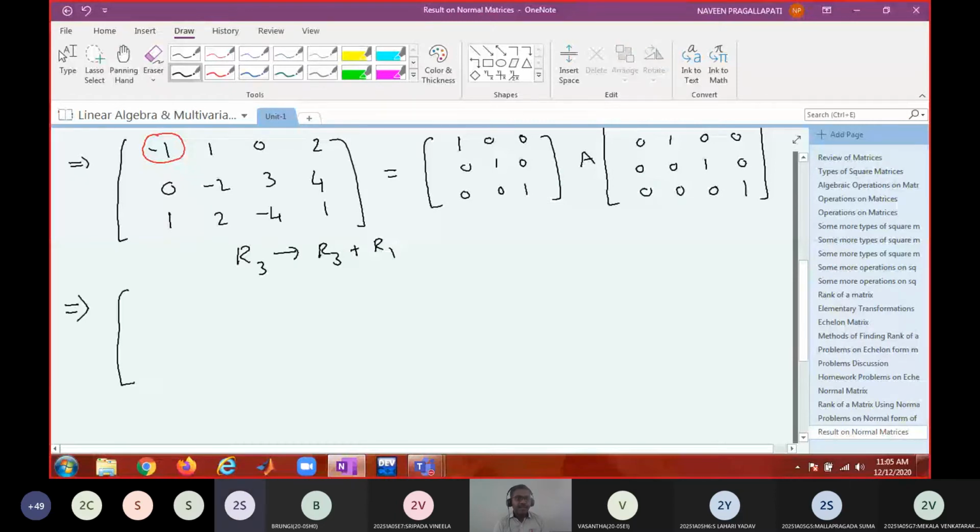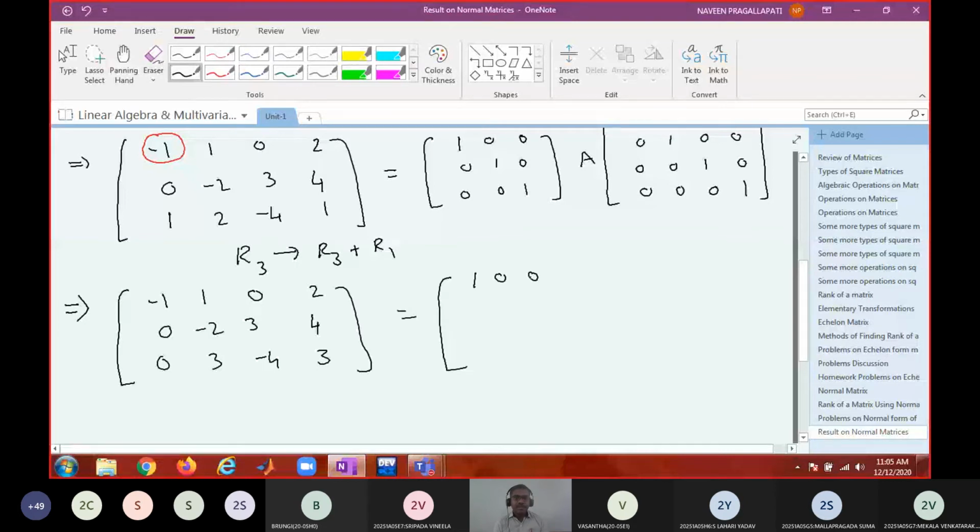So -1, 1, 0, 2; 0, -2, 3, 4; 1 minus 1, 0, 2 plus 1, 3, -4 plus 0, -4, 1 plus 2, 3. Apply the same row operation to the prefactor: 1, 0, 0, 0, 1, 0, 1, 0, 1, multiplied with I4, which is the same.